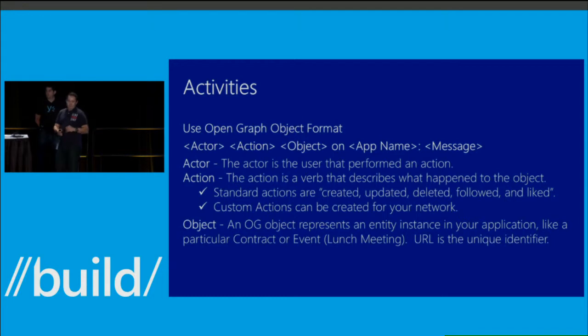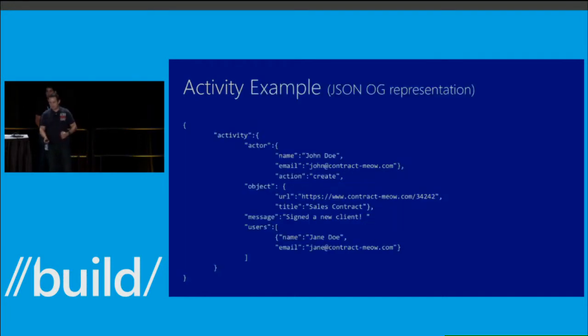You need the actual Open Graph object. Obviously, as Tuong mentioned, the URL is very important as we use that as the ID of the Open Graph. And then the application name and the message, and also a list of users if you want to relate the users to this particular activity or action.